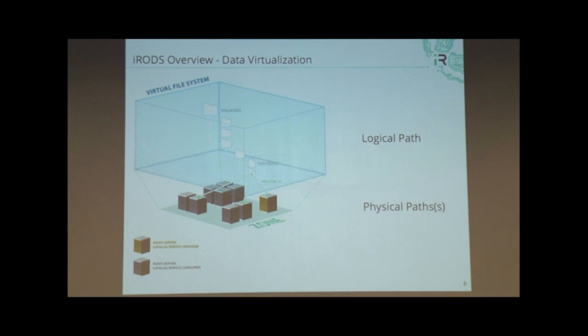We call them data objects within iRODS. It has 3 different replicas within the system. Users can see those replicas, but they don't have to. They don't have to know, when they're getting or putting a file, where the replicas are going or where the files are going and being replicated. So we like to say we project the physical namespace into the logical.